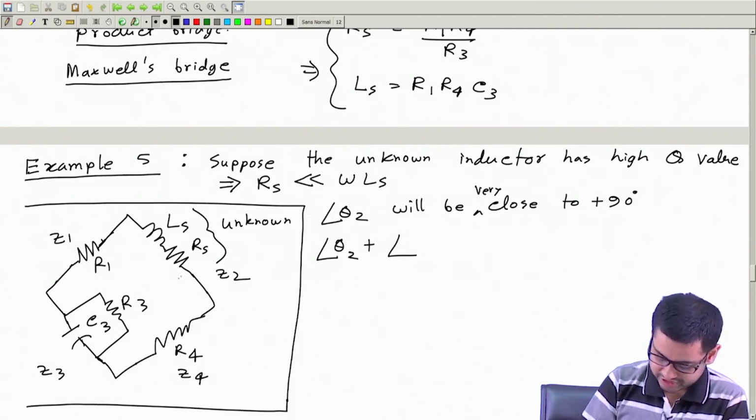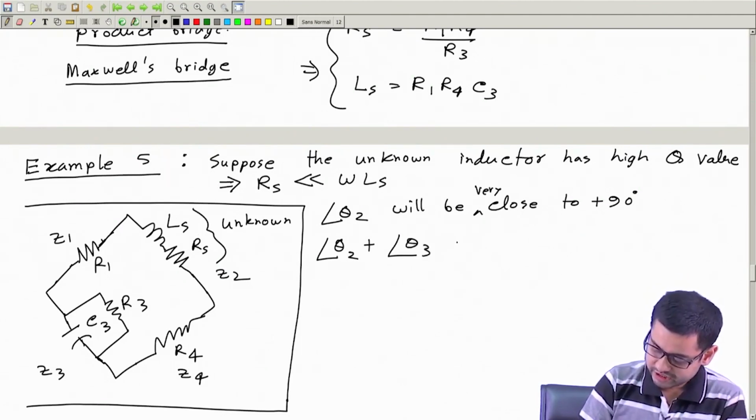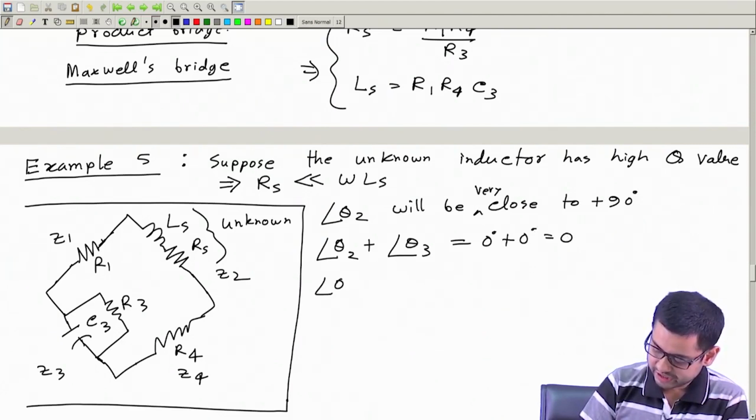Here theta 2 plus this angle theta 3 should be equal to 0 degree plus 0 degree, which is 0, which means theta 3 should be minus theta 2.